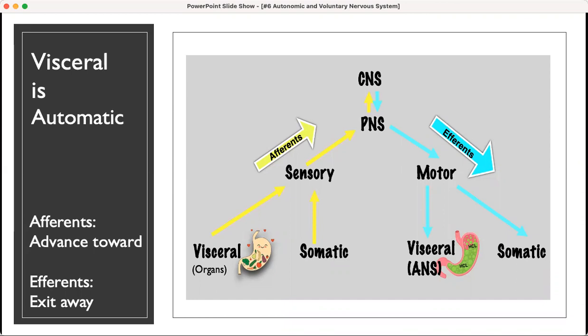I give an example of the stomach as one of the visceral organs in the body, taking the sensations to the middle part of your brain, I'm calling it the mammalian part of your brain, signaling gastric acid production, and the stomach starts producing hydrochloric acid.